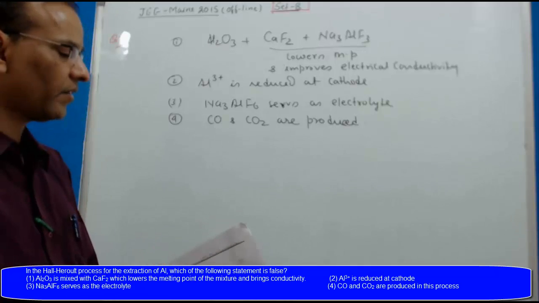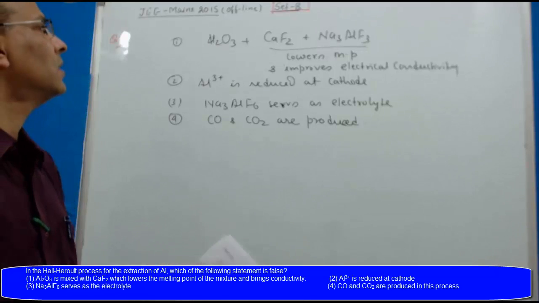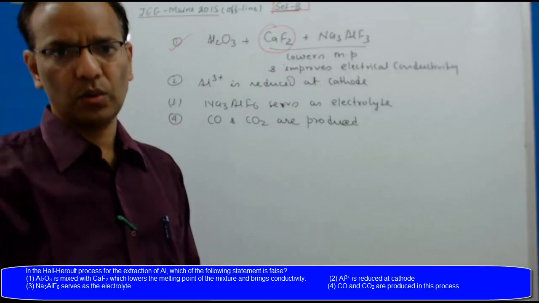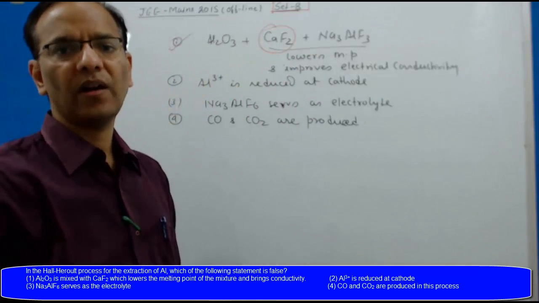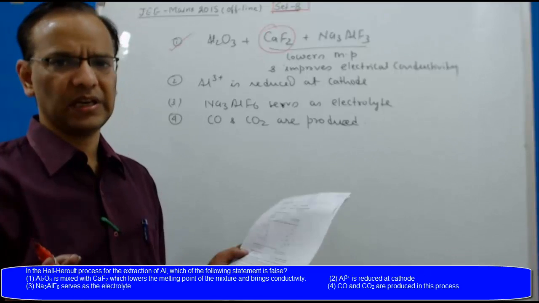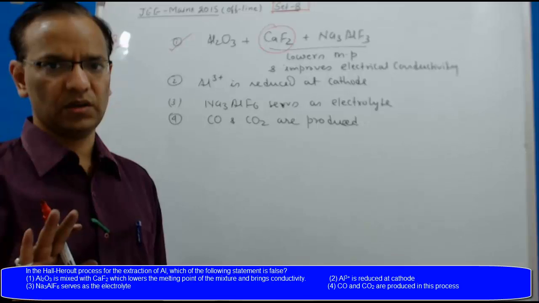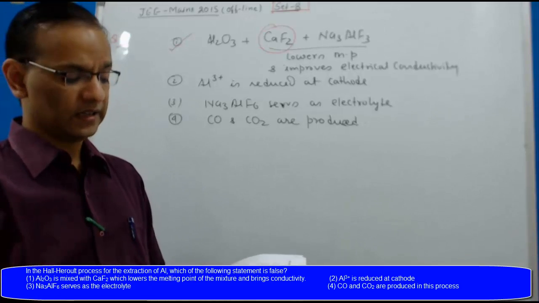We have already discussed that the first is the correct statement. CaF2 is added to lower the melting point and to improve the electrical conductivity, correct. Cryolite is also added, and calcium fluoride is also added, so that is a correct statement.